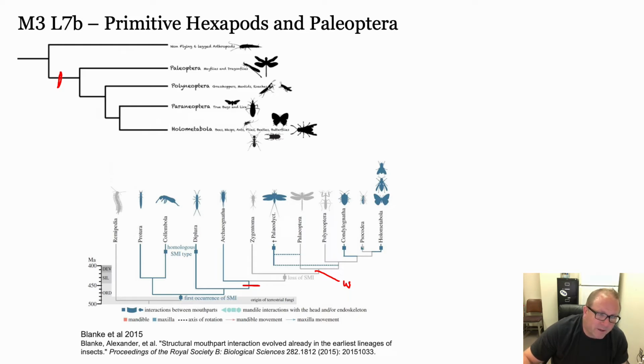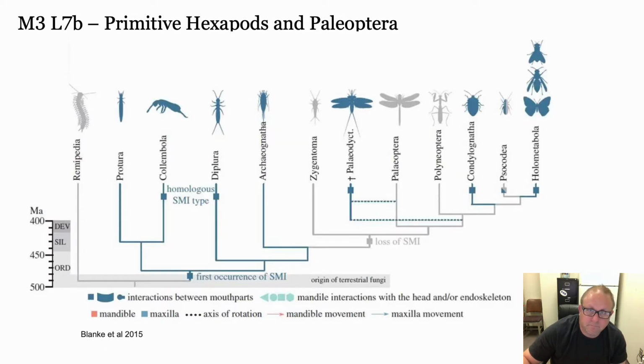We're going to try and get through Protura, Collembola, Diplura, Archaeognatha, Zygentoma. We'll skip Paleodictyoptera. We'll mention that when we talk about the evolution of wings, and then Palaeoptera right there. And then we'll say Polyneoptera and these other things for another time. So there it is blown up, looking at it by itself, and what we're going to try and get covered here.